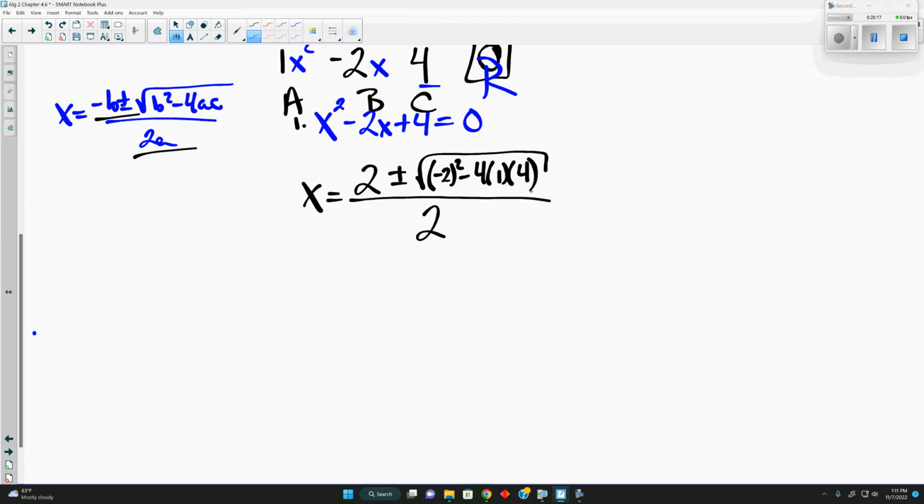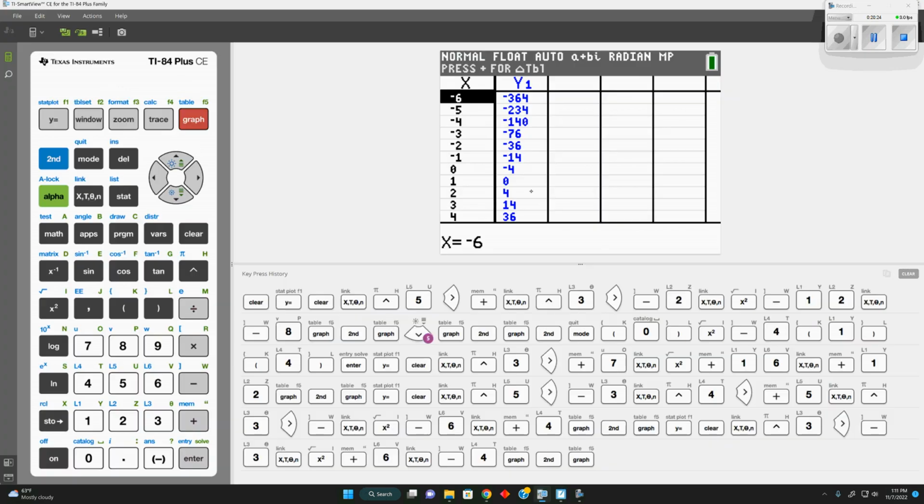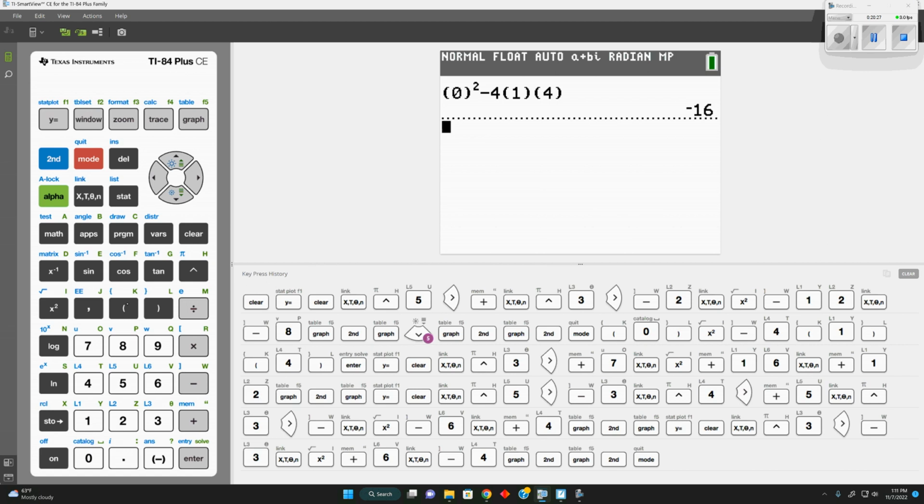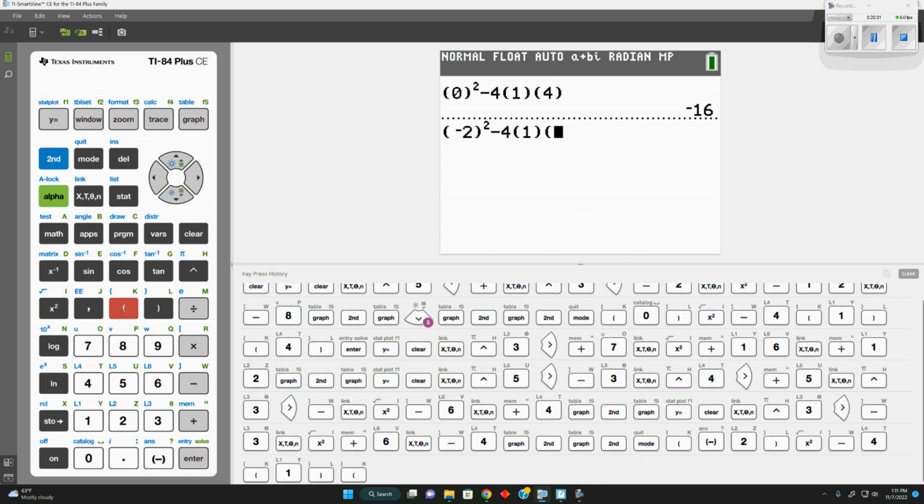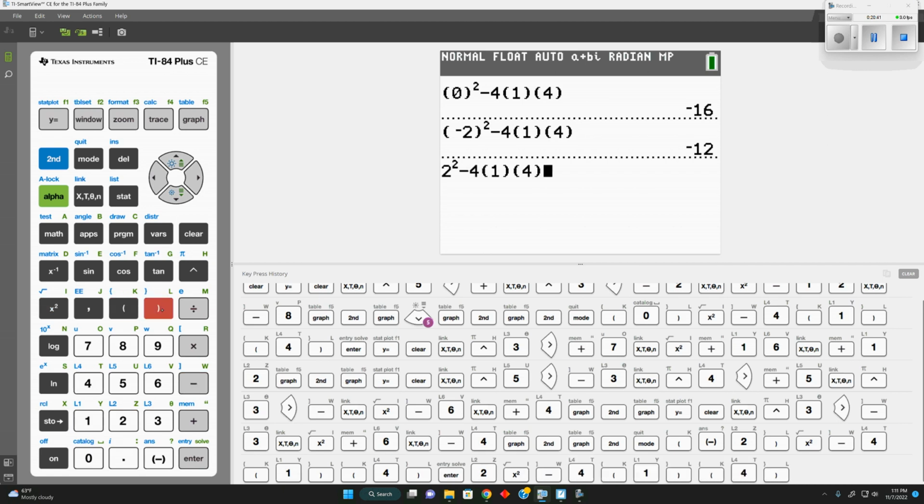Now, our first part, b squared, negative 2 squared, is always going to be what? Positive, yes? So in the calculator, we can do this one of two ways. I can go parentheses, negative 2, close parentheses squared, minus 4 times 1 times 4. Hit enter. And we get negative 12. What we could have done is said 2 squared minus 4 times 1 times 4, because if I know that the b squared is going to be a positive number, I can just put a positive version of that number and square it.